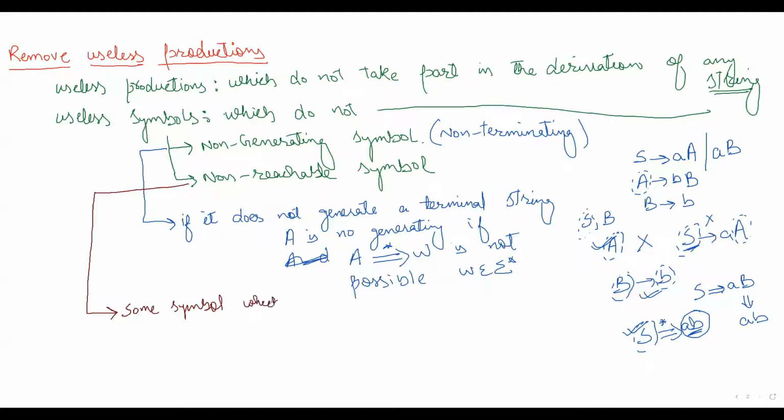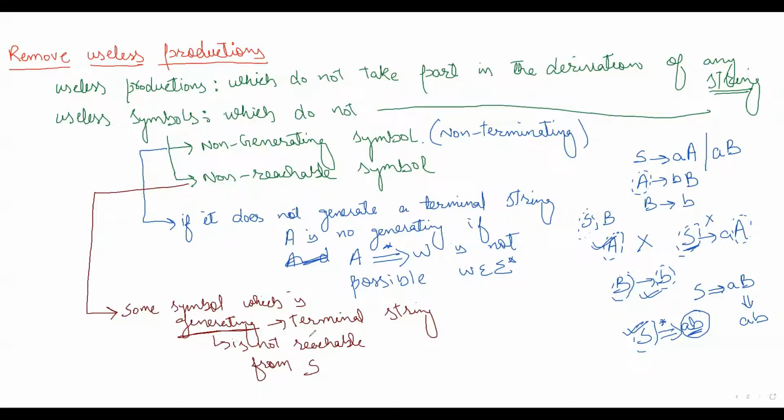If a symbol is generating, meaning it generates a terminal string, but it is not reachable from the start symbol S, then even though it generates a terminal string, it is of no use, because we won't be able to reach it starting from S. This kind of symbol is called a non-reachable symbol.